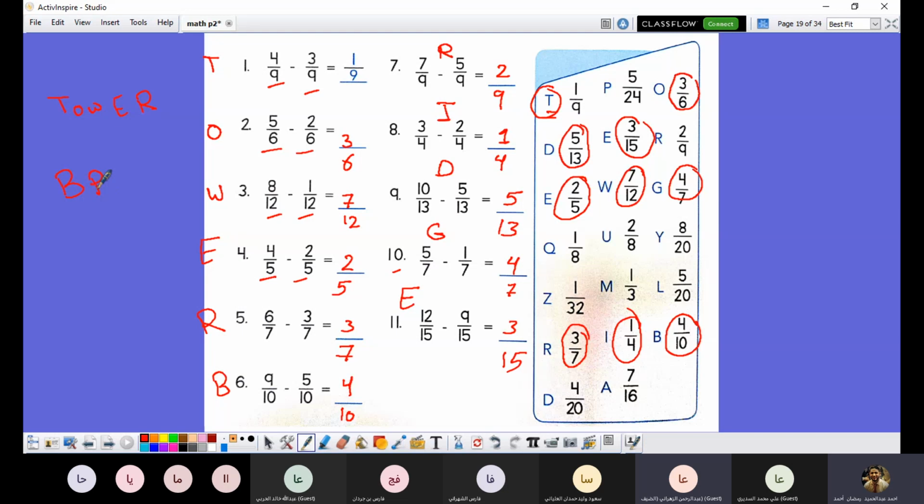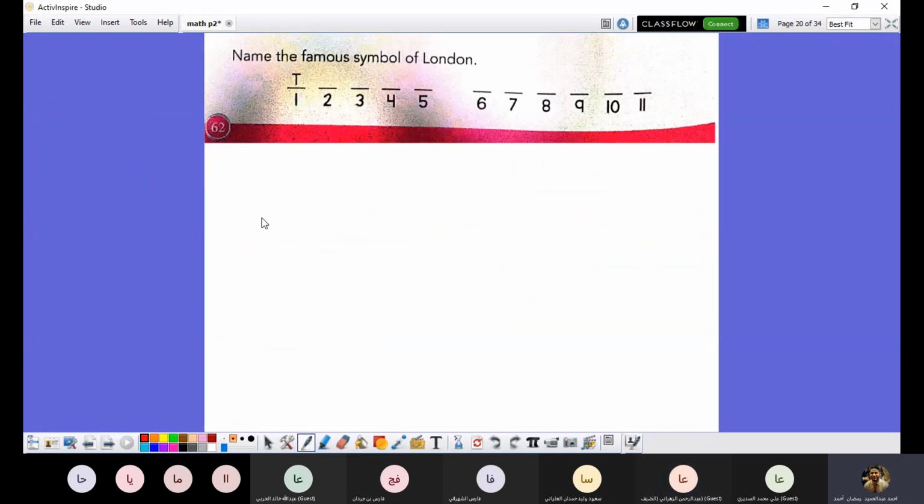Okay, I write it here. Tower Bridge. Tower Bridge. We will write this here.